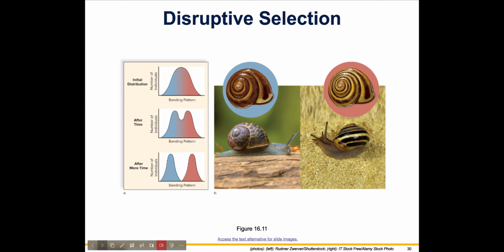If you've got a dark shell, you can hide in the leaves. If you've got a light shell, you can hide in the grass. If you've got this middle colored shell, you cannot hide in the leaves. You cannot hide in the grass. You are eaten. So there's a lot less of you, but there's more of our two extreme color patterns.